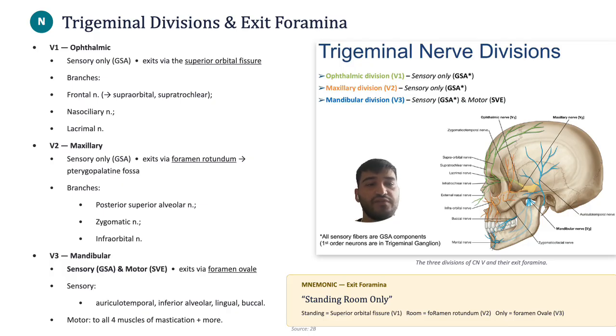And then for V2, we have the posterior superior alveolar nerve, the zygomatic, and the infraorbital. So I guess we can have an acronym and say EZI is V2. And then for V3 mandibular, let's come up with another one: auriculotemporal, inferior alveolar, lingual, and buccal. So AILB, AILB. I guess that should work.